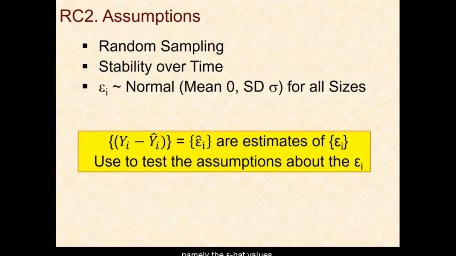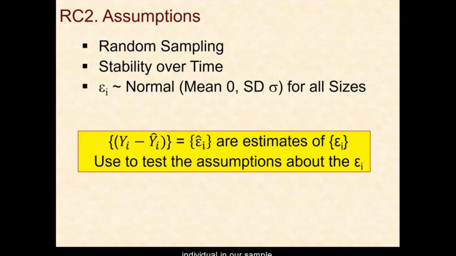A y minus y hat value can be calculated for each individual i in the dataset. This subtraction involves the y equals beta terms plus epsilon in our hypothesized model, minus the y hat equals beta hat terms from our fitted model, leaving us with epsilon hat as an estimate of the epsilon.